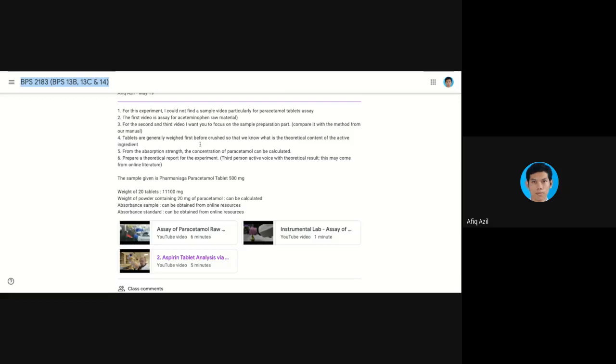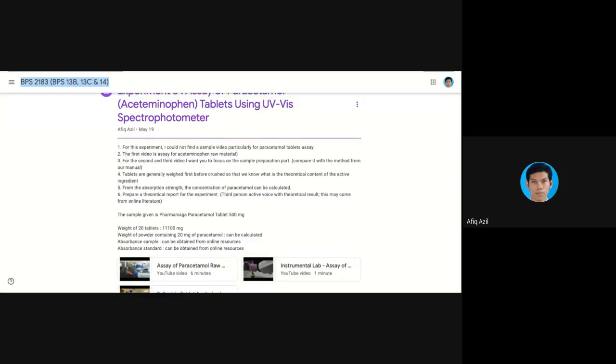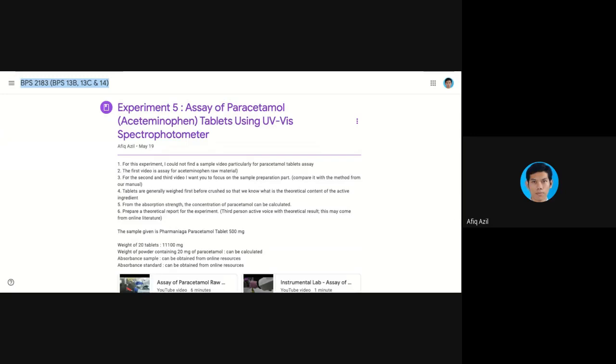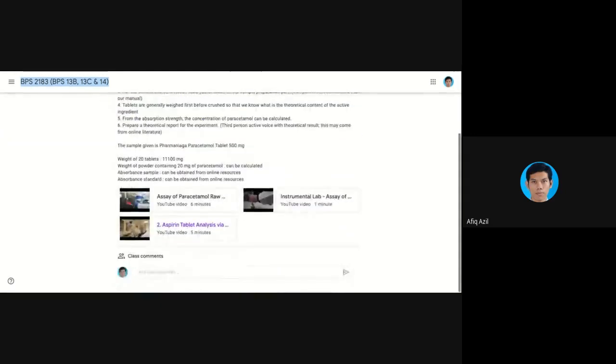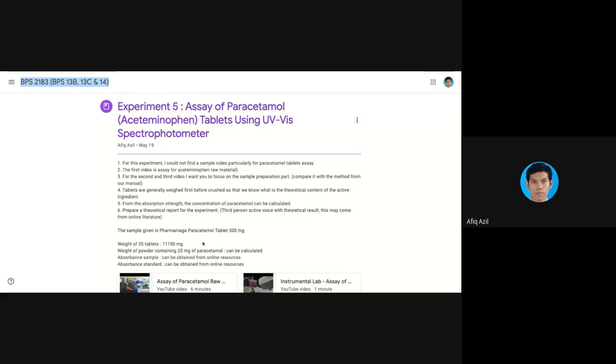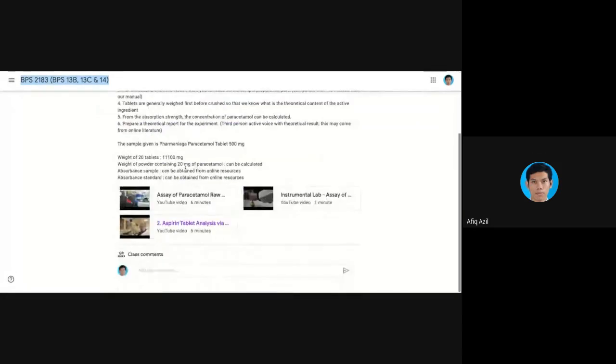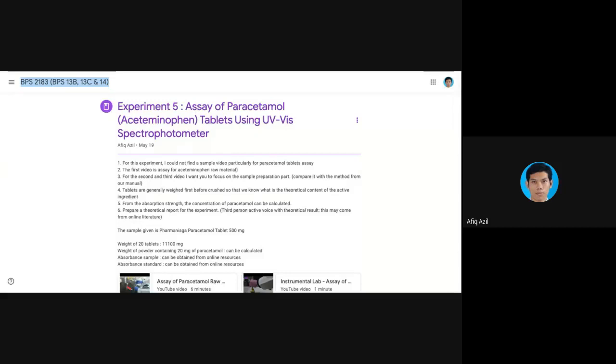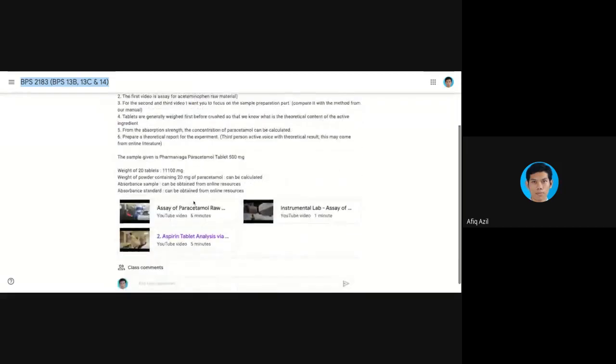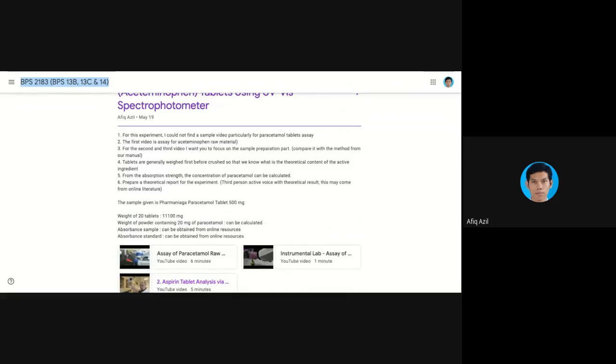Okay, so that is how the experiment 5 report should be done. I know you don't have the chance to be fully hands-on in this experiment, but when everybody is back on campus, there will be some module in which you can do this assay test again.